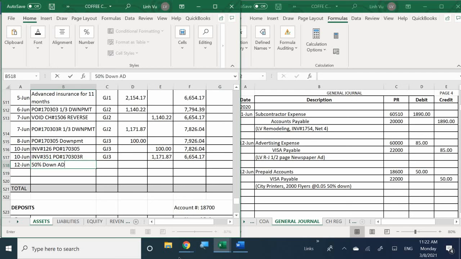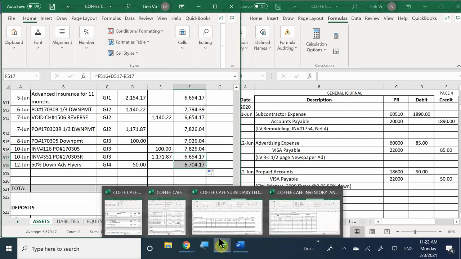Okay, add flyers. Okay, general journal number 4. All right, and this is a prepaid account for $50. So therefore, my account has increased by $50. So 6704.17.